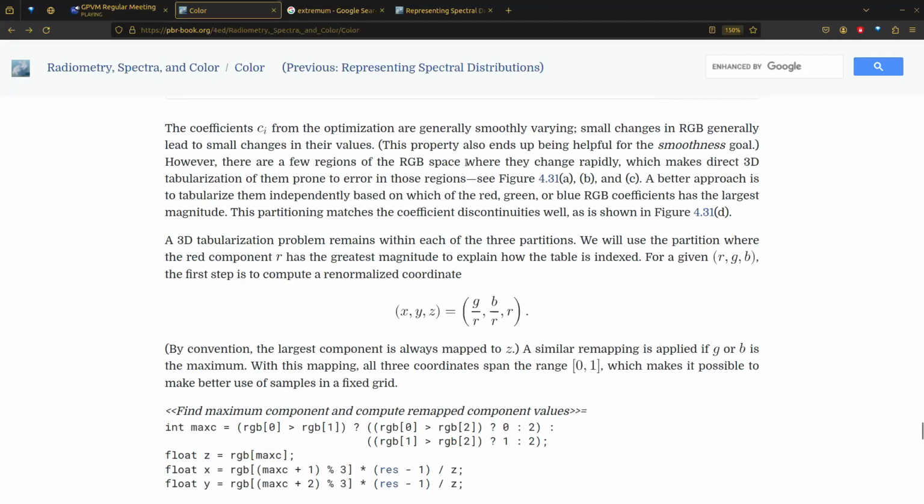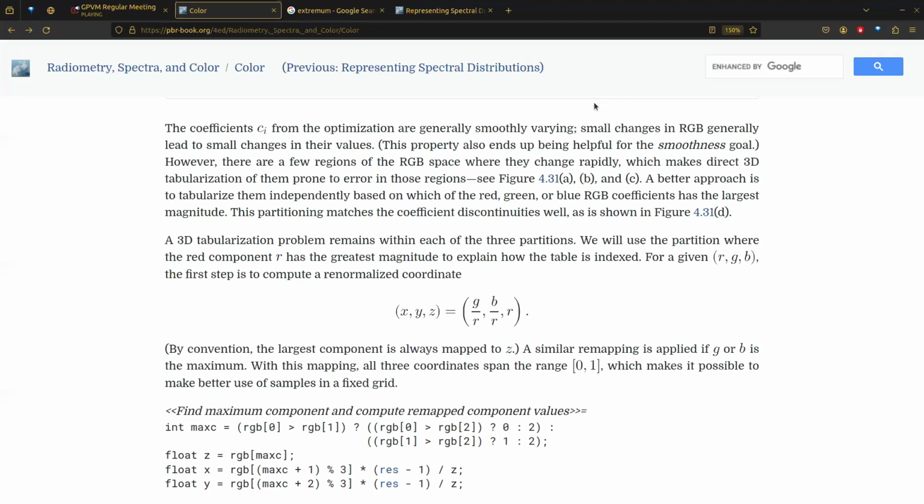The coefficients Ci from the optimization are generally smoothly varying, with small changes in RGB generally leading to small changes in their values. This property also ends up being helpful for this goal. However, there are a few regions in the RGB space where they change rapidly, which makes direct 3D tabularization of them prone to error in those regions.